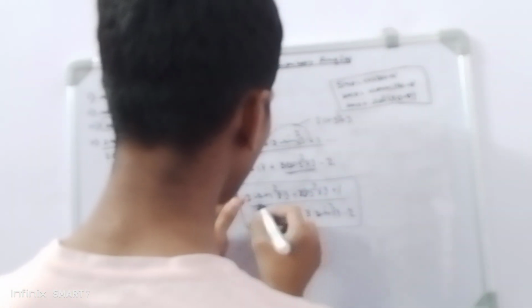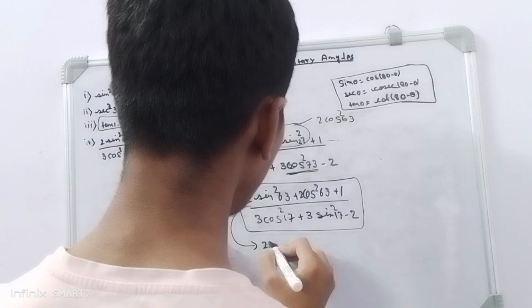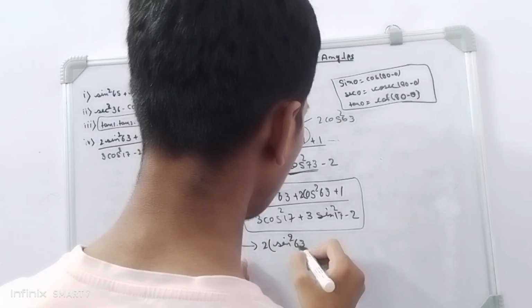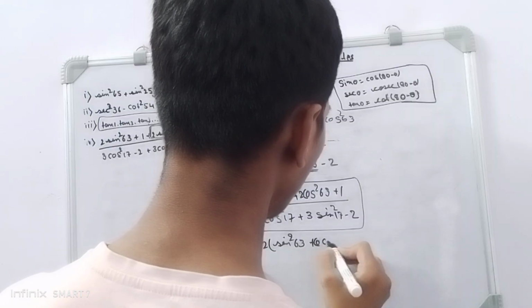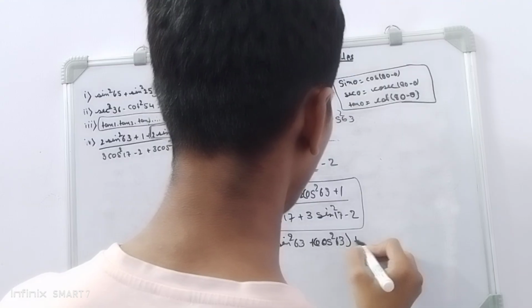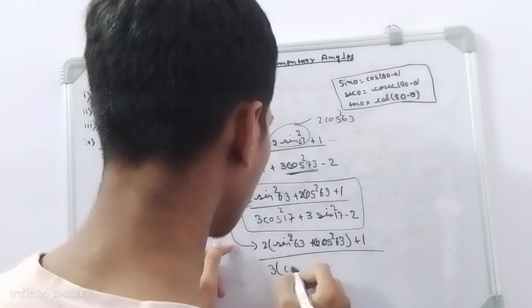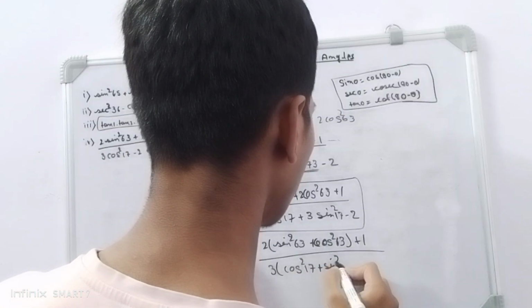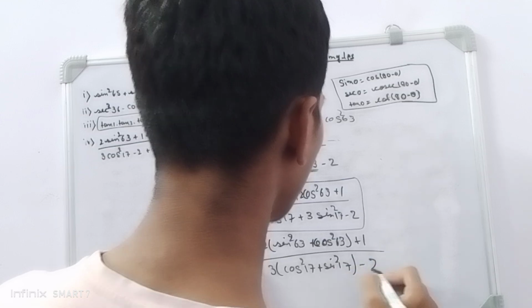So taking 2 common, you will get sine square of 63 plus cos square of 63, then plus 1, and then taking 3 common, you will get cos square of 17 plus sine square of 17, then minus 2.